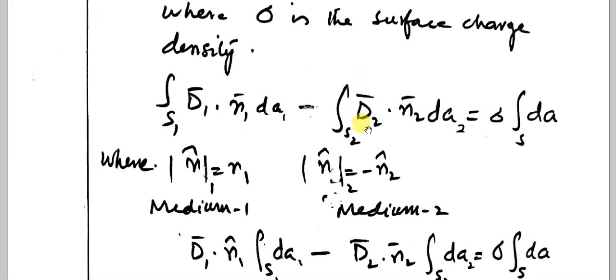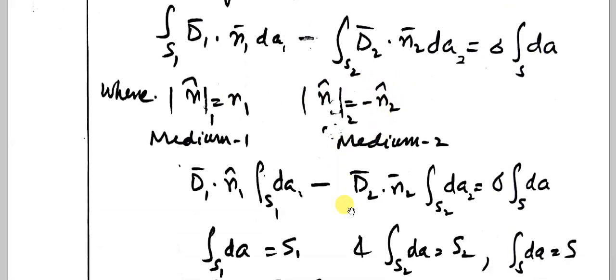Actually n1 is equal to minus n2 in this case, so we can put the common unit vector normal n as well. Since they are opposite in direction, we put a minus over here.